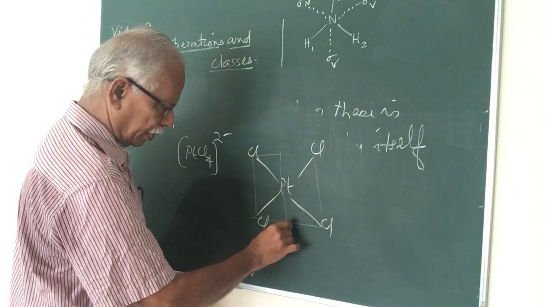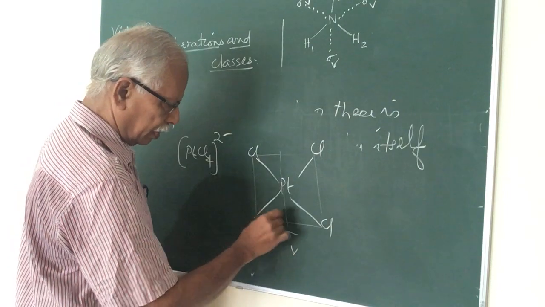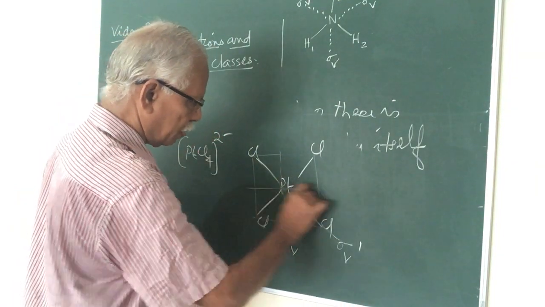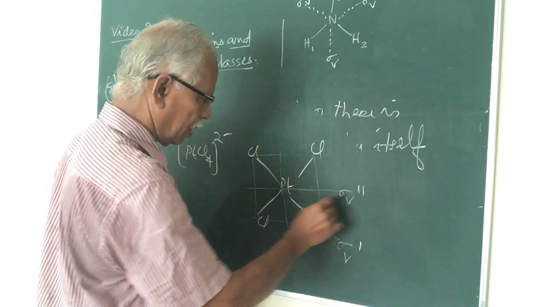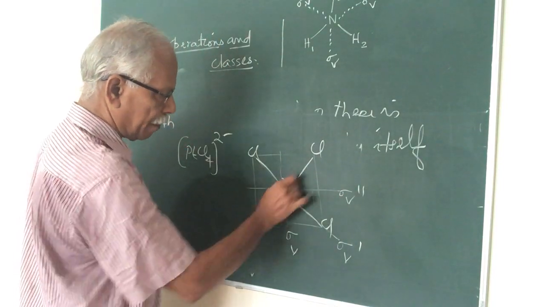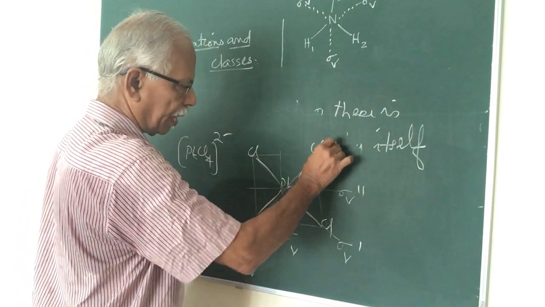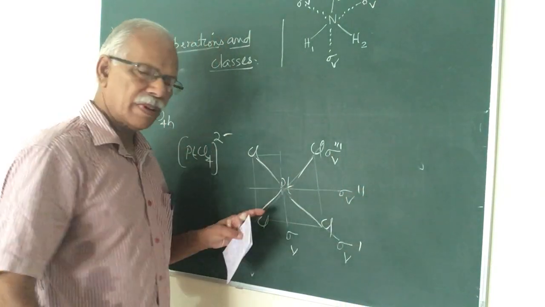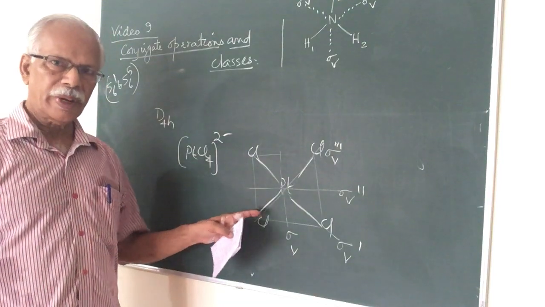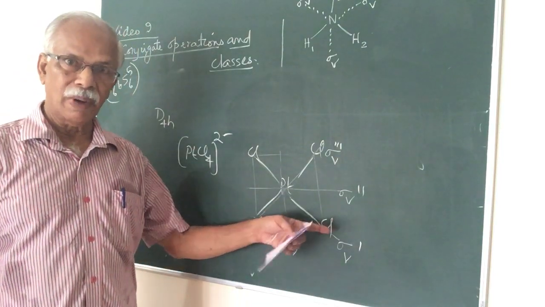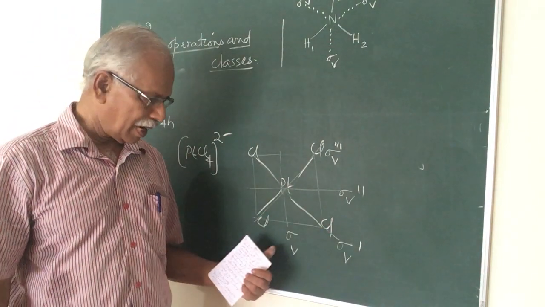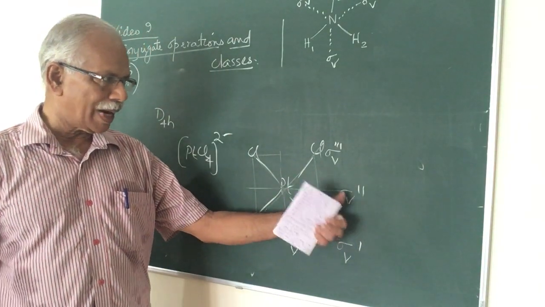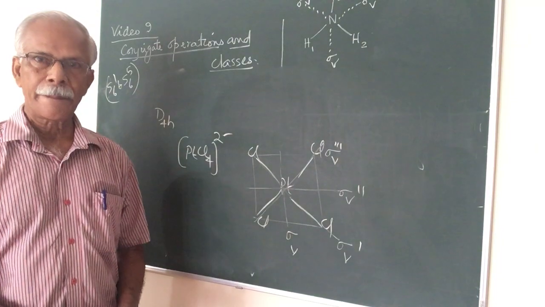Let this be sigma V, and let this be sigma V dash, and let this be sigma V2 dash, and let this be sigma V3 dash. The Dnh group has a Cn axis, n C2 axes, sigma h, and n sigma V's, and these are the sigma V's: sigma V dash, sigma V2 dash, and sigma V3 dash.